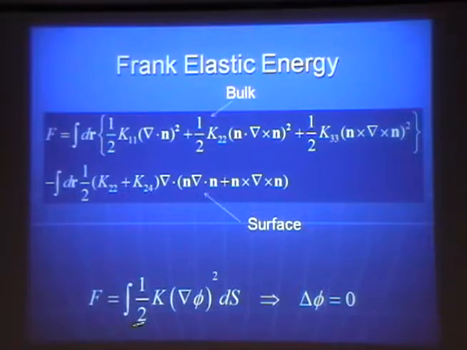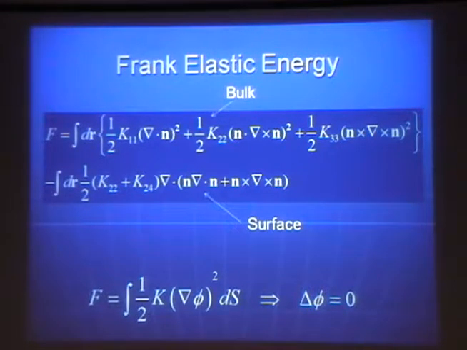So in this case, we end up with the elastic energy density, which is just the squared gradient of phi. So the minimization is achieved by the Laplace equation of phi.